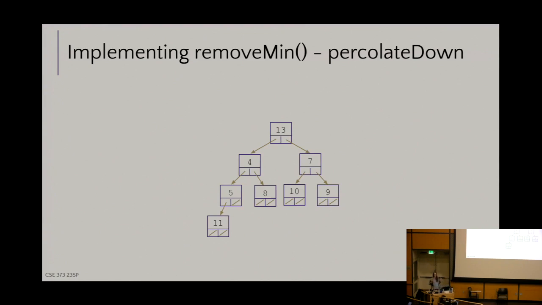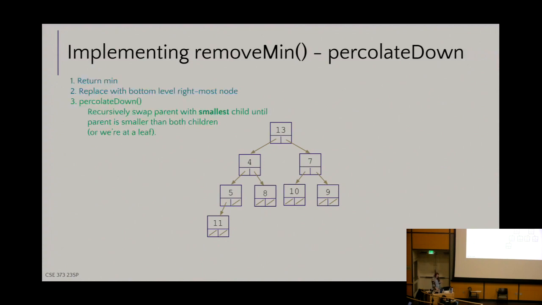What we are going to do is morph nodes, and we are going to just percolate the data values down within the nodes. So we're going to say, well, now 13 is my overall root. Swap 13 with my smaller child. In this case, that's the 4. Great.